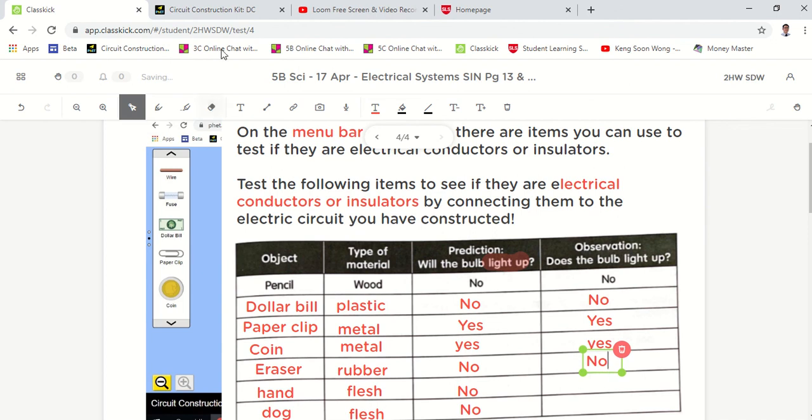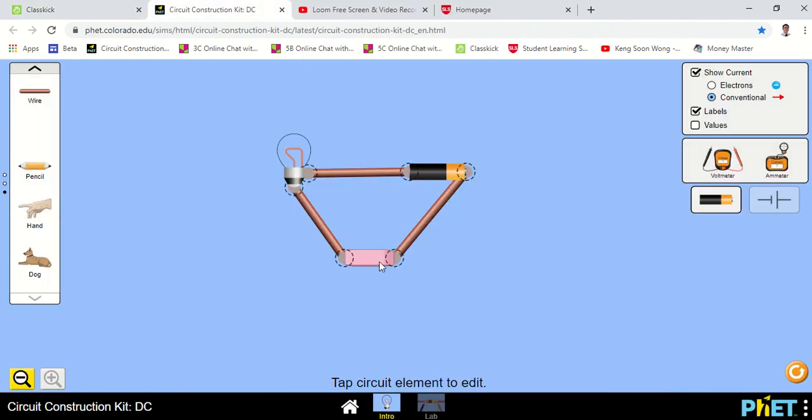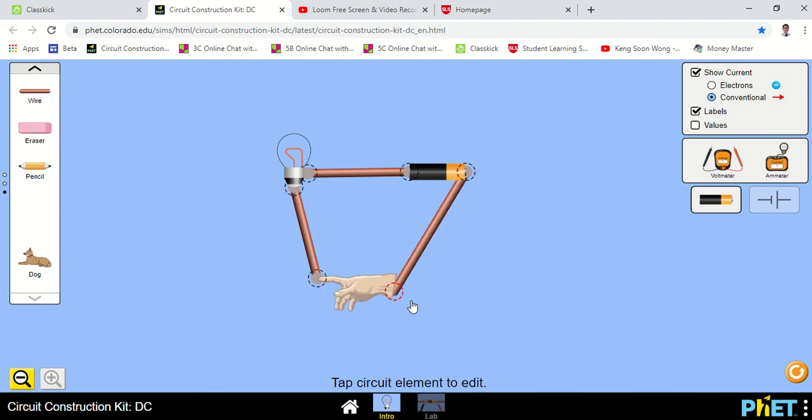Alright, so next one, hand. Okay, so let's grab the hand out. So hand, connect to the hand. Doesn't light up. Why? Flesh is an insulator of electricity, doesn't allow electric current to pass through, will not light up the bulb. And you realize that this is the same for dog, because dog is also flesh.